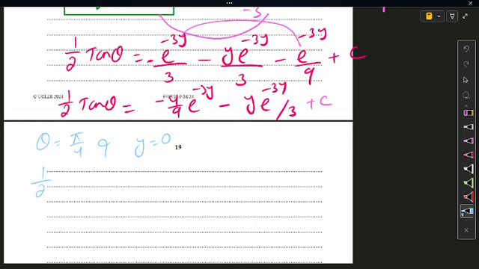So that becomes 1 by 2 tangent of pi by 4, which is equal to minus 4 by 9 e raised to the power 0 minus 0 times e raised to the power 0 by 3 plus some constant of integration, that is c I meant.